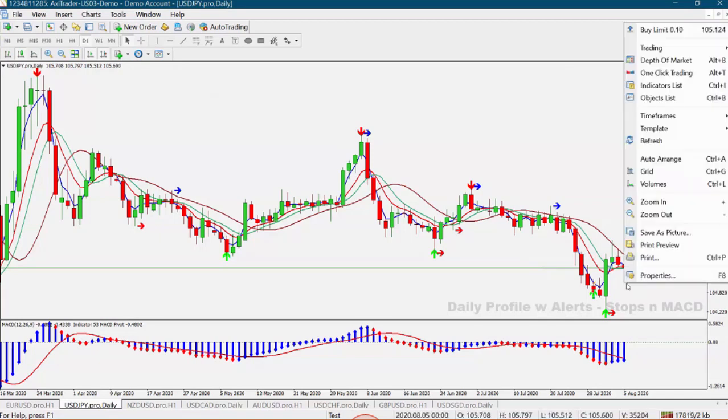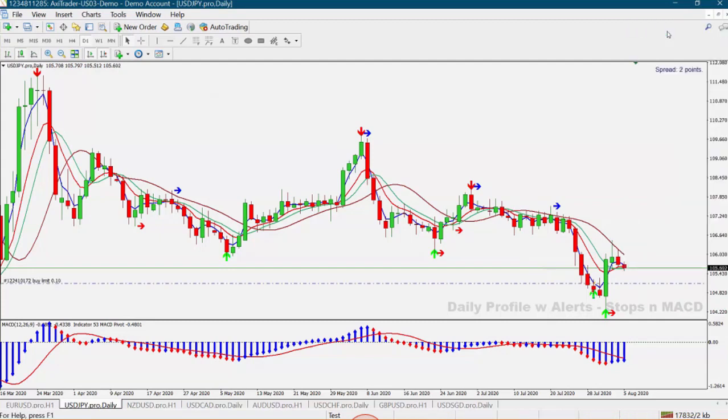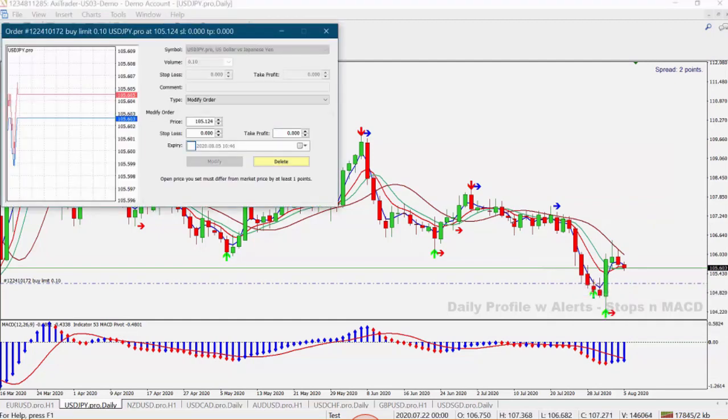All right, so down here somewhere, I'm going to put in a buy limit. Modify that so that the buy limit is at exactly 105.